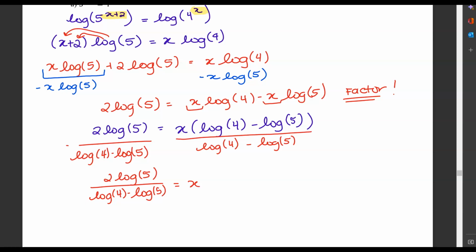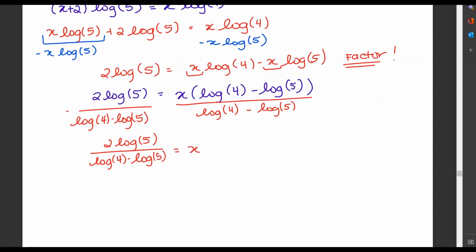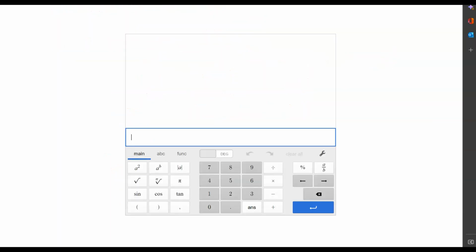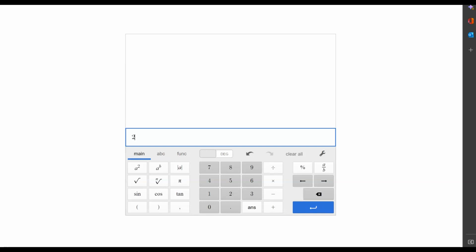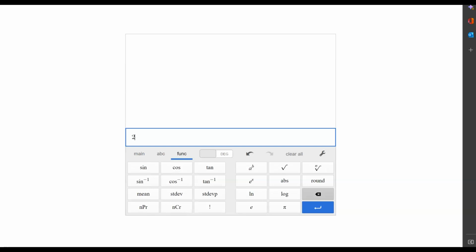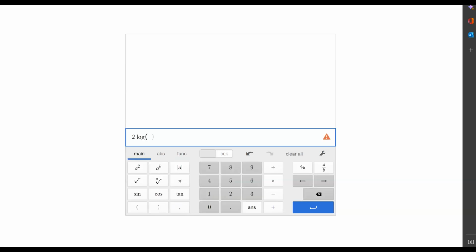Okay. So if we go ahead, we can plug this into our calculator. So in our calculator, I'm here at the scientific calculator for decimals. We're going to come over here to functions. We are going to take the quotient. So let's go ahead. Actually, we're going to come back over here. We're going to do 2 times log, go back to our main, 5.